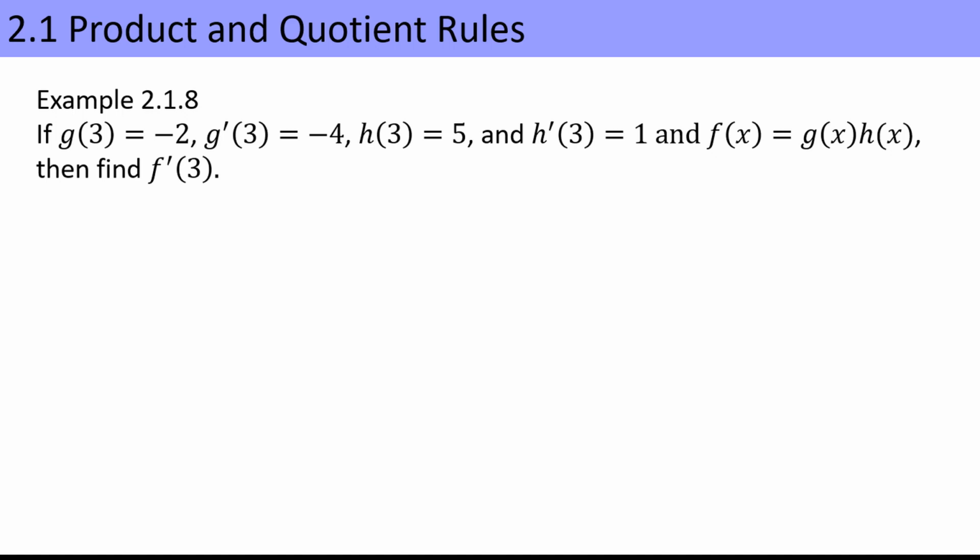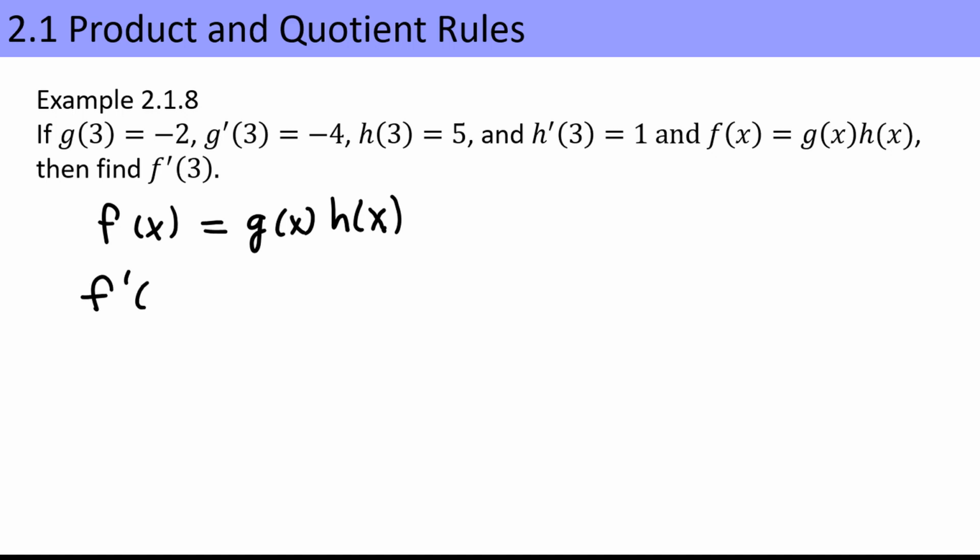Example 2.1.8. If g of 3 equals negative 2, g prime of 3 equals negative 4, h of 3 equals 5, and h prime of 3 equals 1, and f of x equals the product of g of x times h of x, then find the derivative of f at 3. Let's begin. If we have f of x equals the product of g of x times h of x, we will use the product rule to find the derivative.